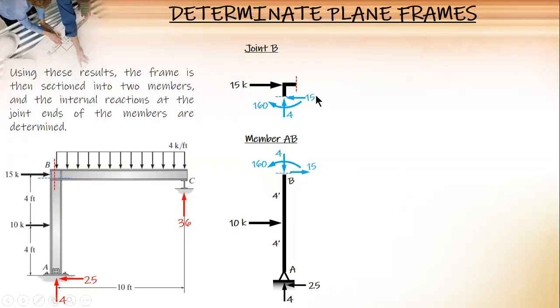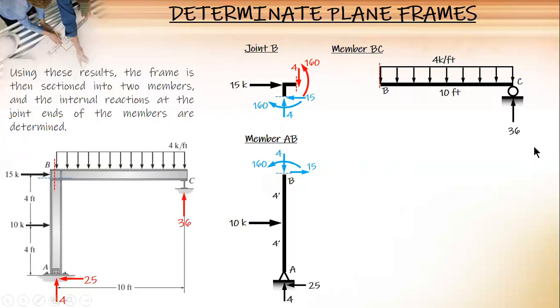And then, okay, that's it. Balancing. The 15 balances, so we have no normal or axial force here. Only the vertical or shear remains. So shear here, upward against downward, and the 160 balances: 160 clockwise, 160 counterclockwise here. This red one is what you transfer to BC.